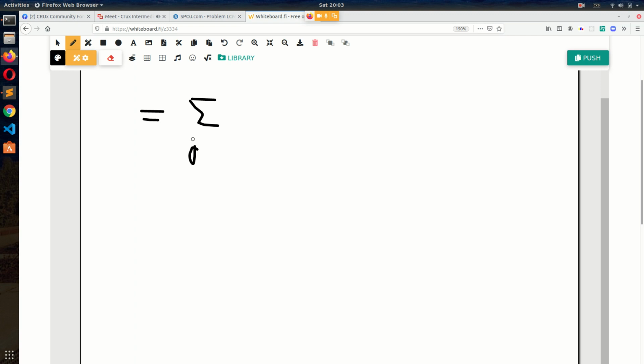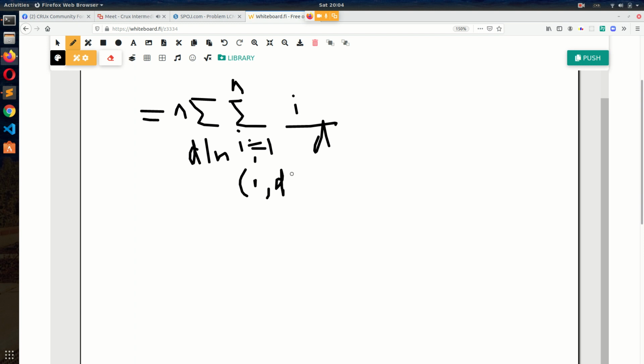So let's rewrite this: we take the n outside because it's a constant over here, and write this as the sum of i by d, i equals 1 till n, such that the GCD of i and n is equal to 1, d over here.